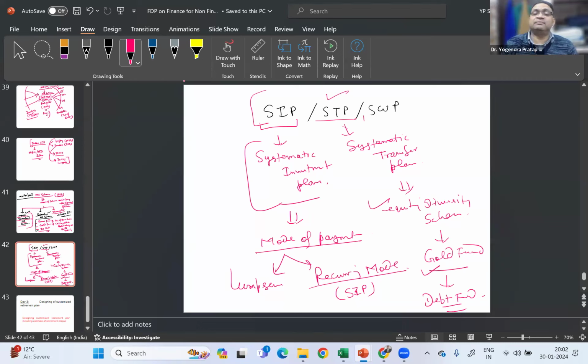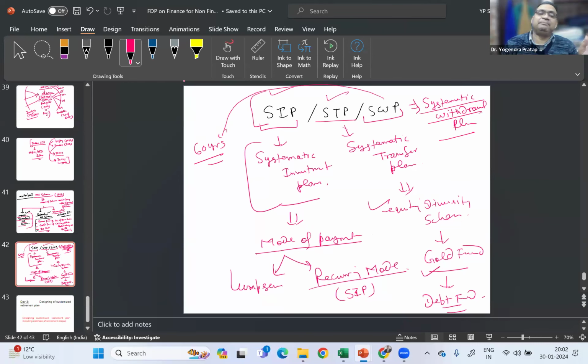SWP. SWP means systematic withdrawal plan. Now, systematic withdrawal plan means suppose you have made a corpus through SIP. Suppose your age is now 60 years. Now you want to draw a fixed amount every month. Then you can use this option, like a pension.